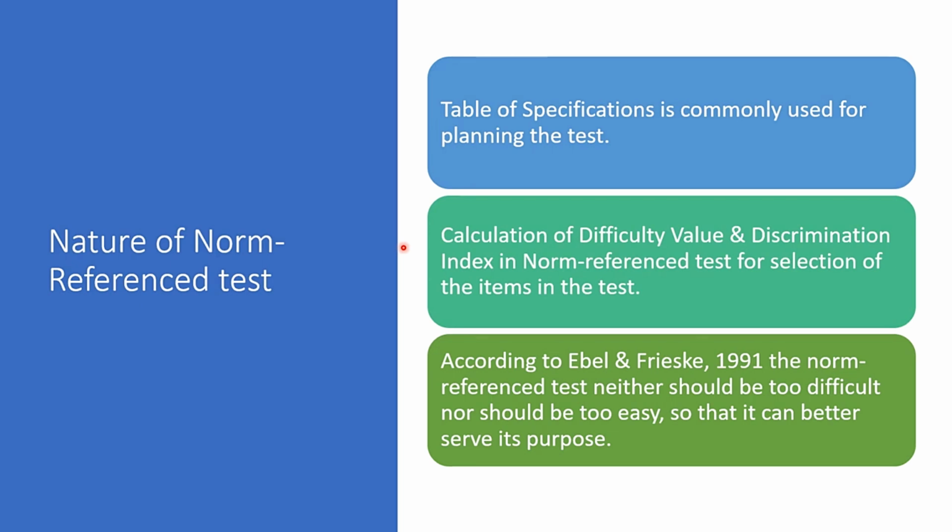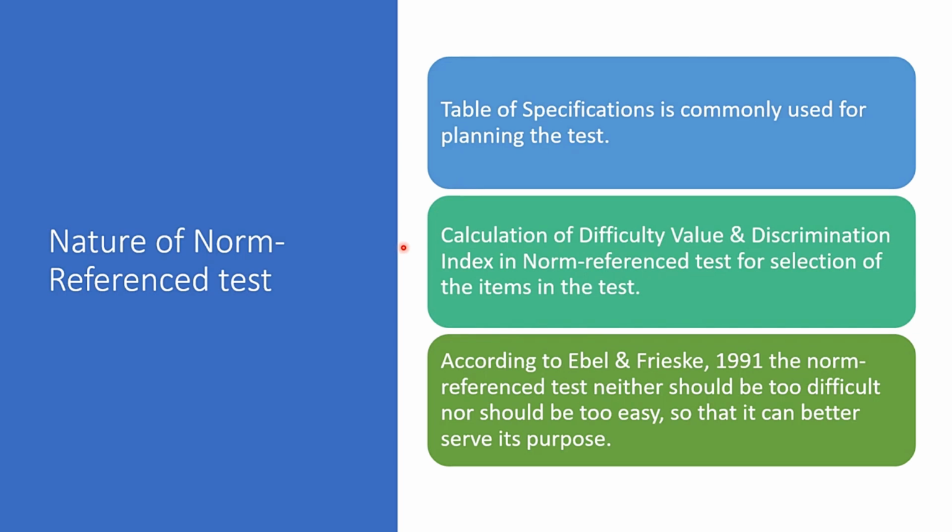Now, I have taken some lines from Ebel and Frisbie. The ability of a norm reference test to discriminate between high and low achieving students is a function of the ability of each item to do just that.